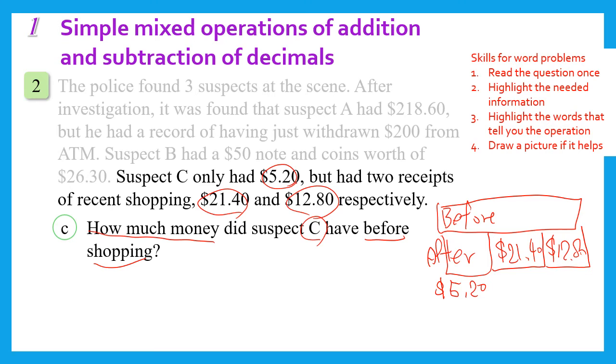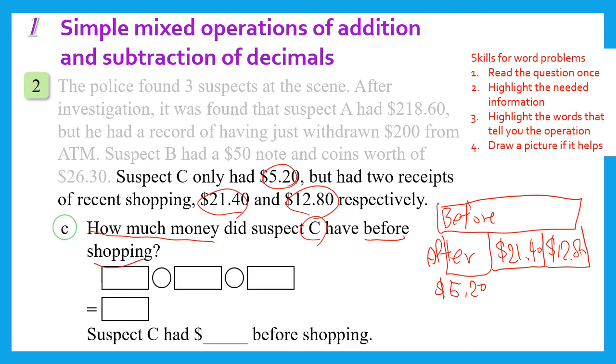So how much did C have before? Alright, it should be the sum of these three numbers. So you add them together, do the calculation, and you find out the answer is $39.4 before shopping.